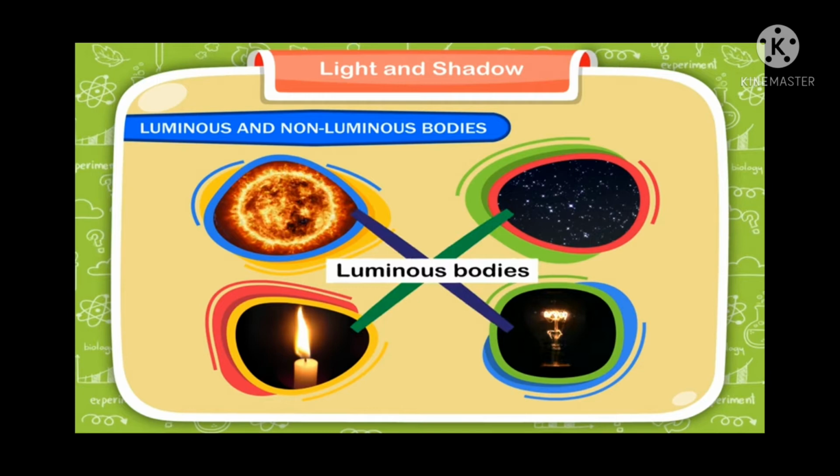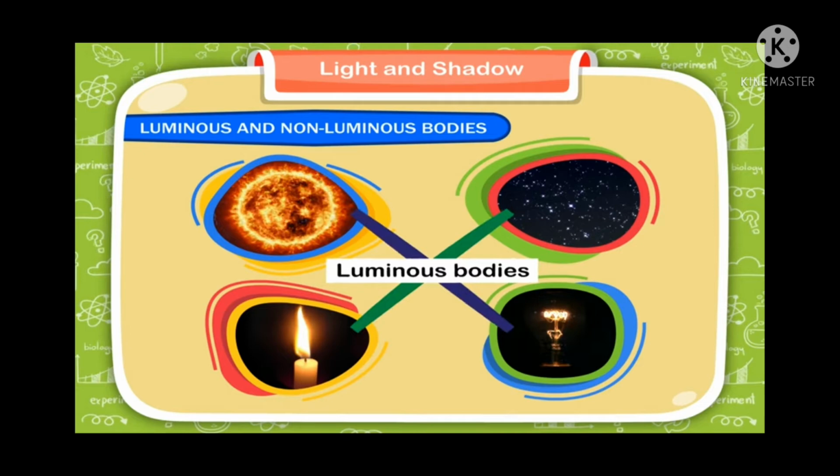Now, what are luminous and non-luminous bodies? The bodies such as the sun, stars, burning candle, electric bulb, etc., which produce their own light, are called luminous objects.